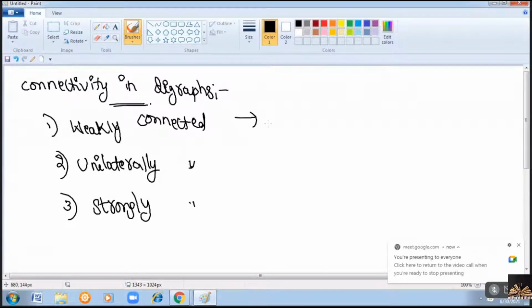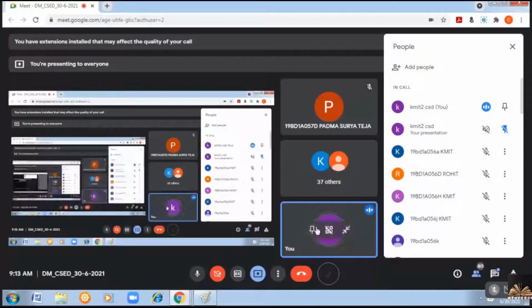We'll see the definitions one by one first. After that, we'll see examples.